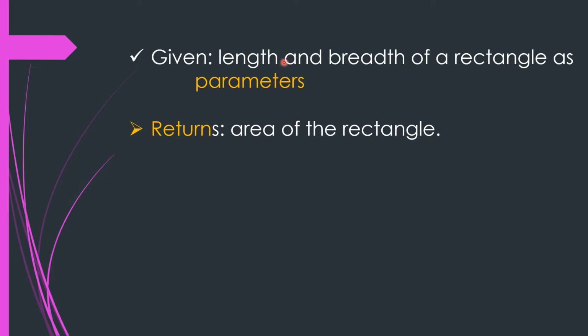These are the values which we are going to provide in the parameter list. What values? Length and breadth. And what will it return? It will return the area of the rectangle. So basically we are writing this method so that these given values, length and breadth of the rectangle, give us the area of the rectangle.